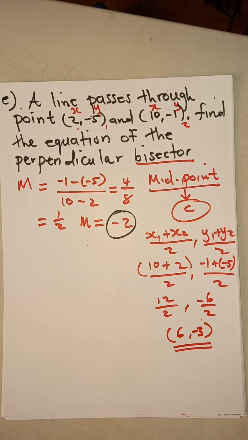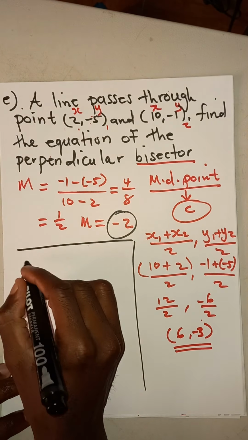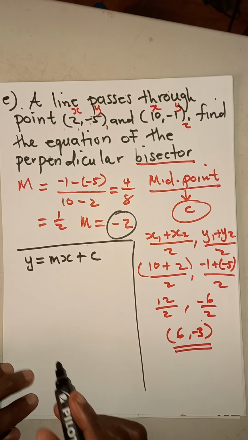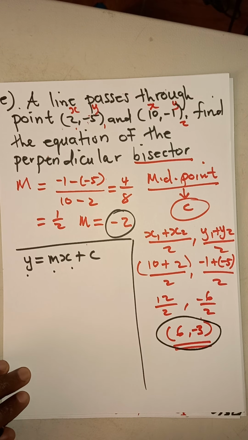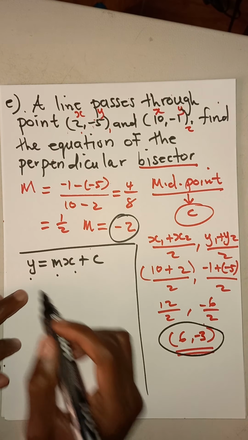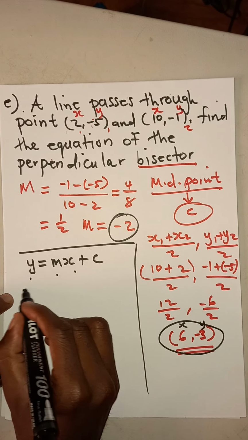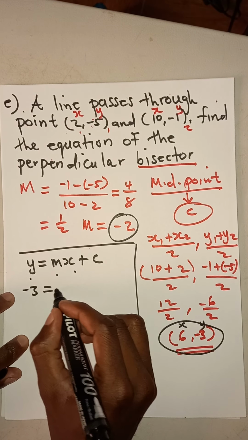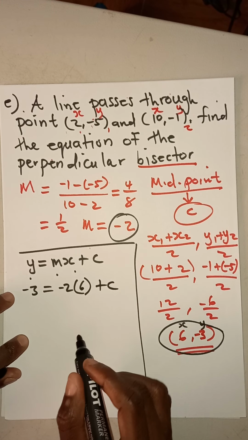So we are going to use this one to find the y-intercept. Well, finding the y-intercept, in this case, we start by saying, okay, y equals mx plus c. So we replace y, m, and x, using the midpoint. So in this case, this is x, this is y. So y in this case is -3 equals m, we got it, that is -2, times x, which in this case is 6, then plus c.